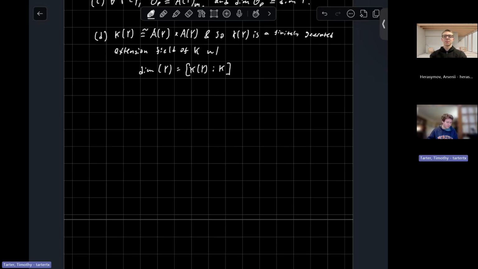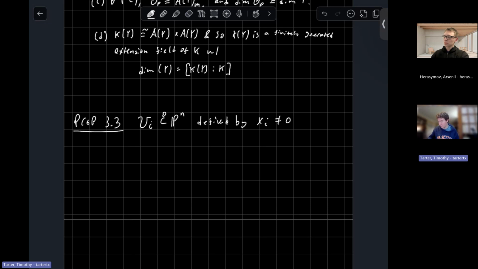Nonetheless, starting off with proposition 3.3, let U_i open in P^n be the subset defined by x_i is non-zero, where we are working with the phi_i map again, by the way.